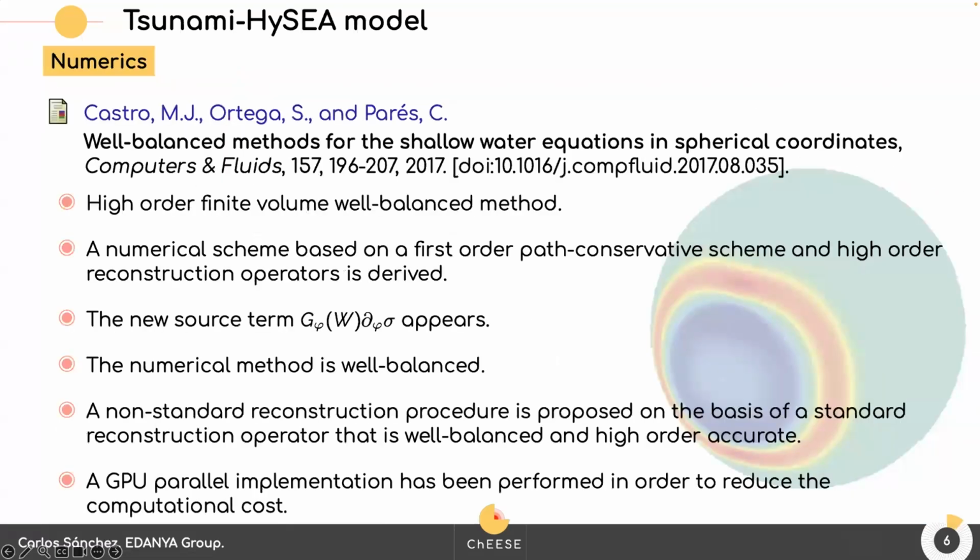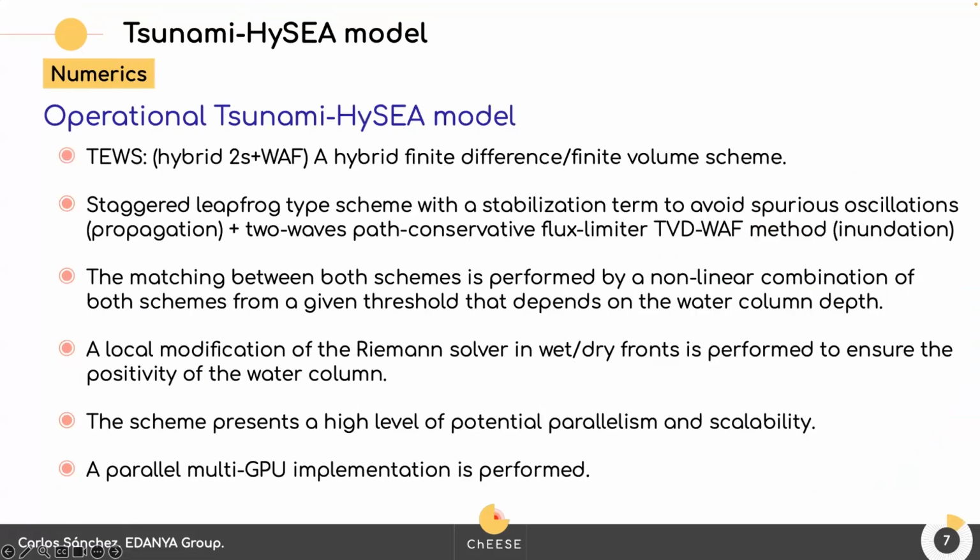Just a couple of slides showing the numerics aspect of the model, highlighting, for example, the model's high order accuracy. This is well balanced, and it has an efficient computational implementation on GPUs. This will be an important side of the problem. We also enrich the model with other nice numerical properties.